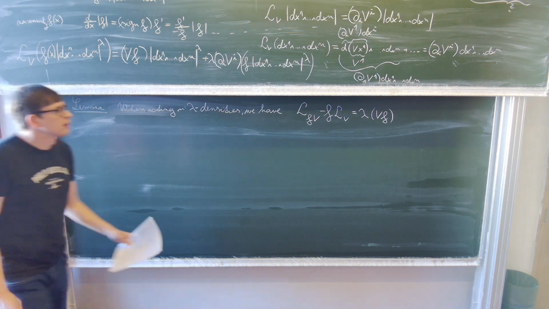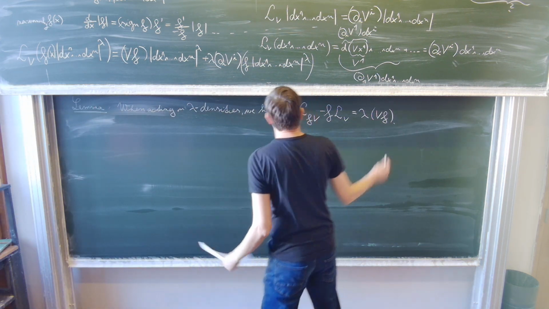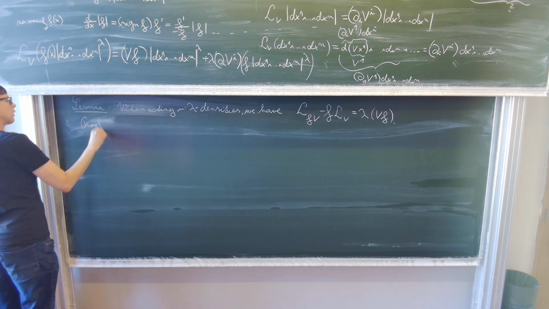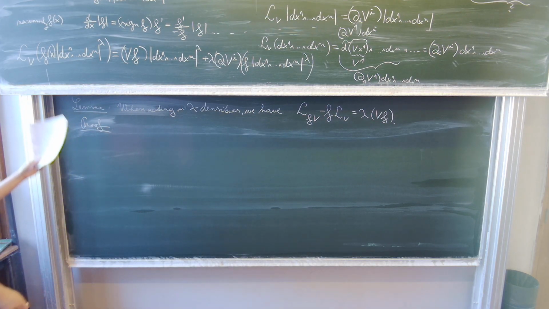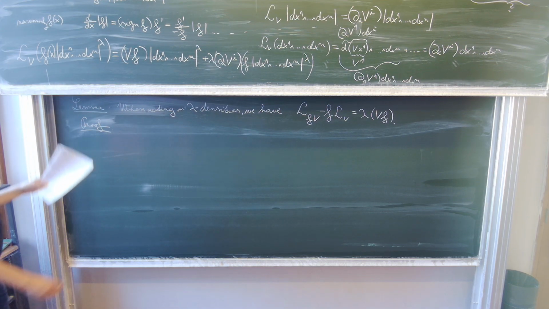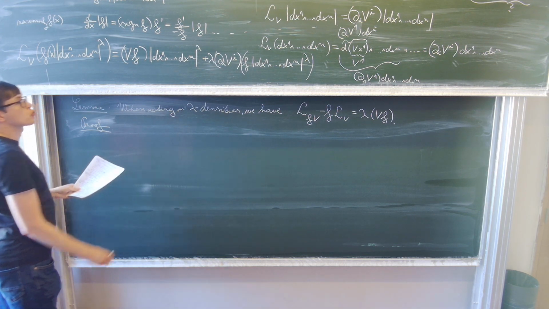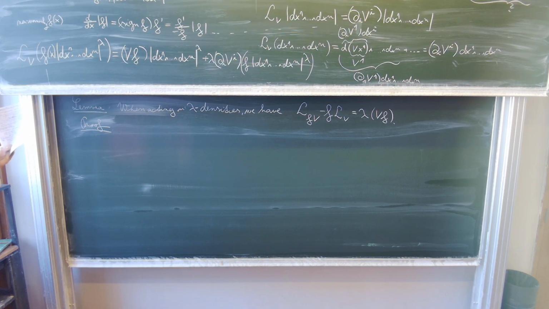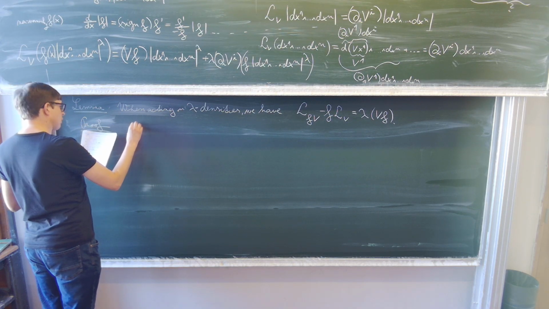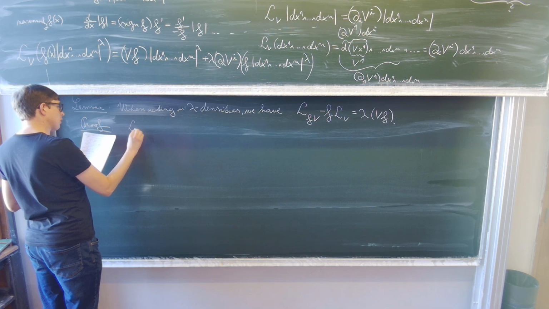Okay, does that make sense? So let's prove this. We can just do it in coordinates here. Let's say I take, unfortunately there are two different f's, but we will manage.